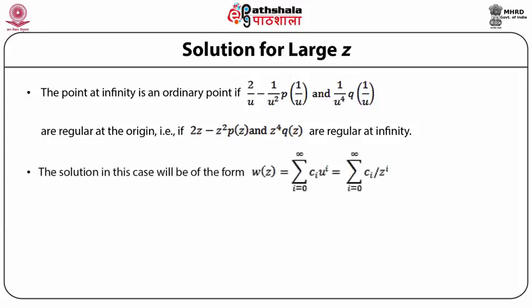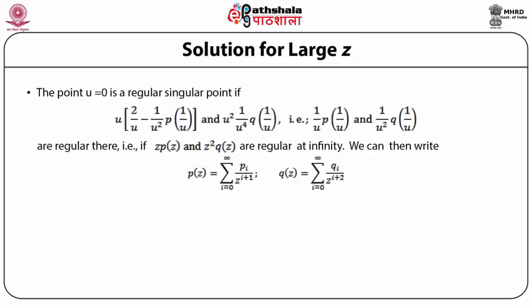The complete solution of the equation in this case will be of the form wz is equal to summation i going from 0 to infinity ci into u raised to power i, which is also equal to summation i going from 0 to infinity ci divided by z raised to power i.